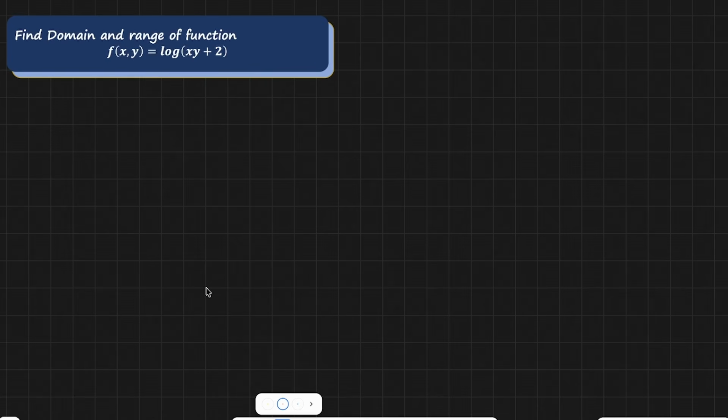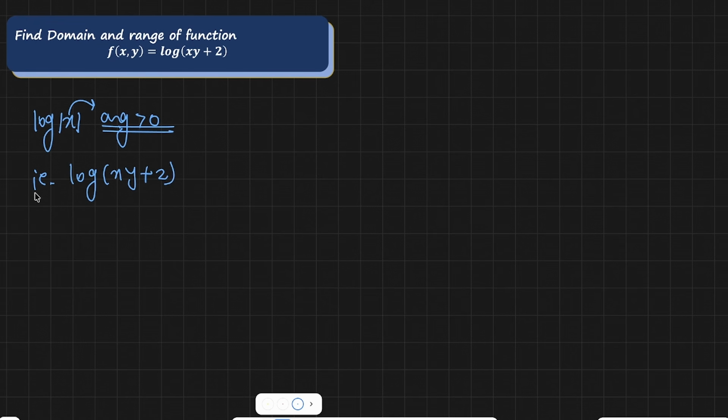Okay, take one more question, that is logarithmic of xy plus 2. Now how to find out the domain for this? Again, I explained you, whenever you have a log kind of thing, like log of x, this is called the argument. Our argument should always be strictly greater than 0, so it means in your log of xy plus 2, xy plus 2 should always be strictly greater than 0.